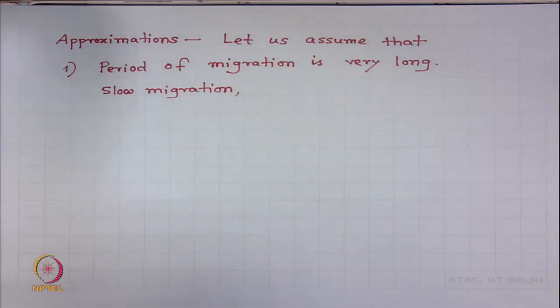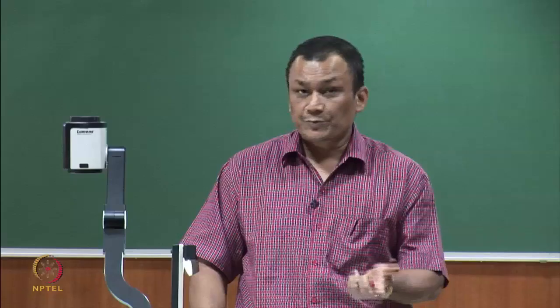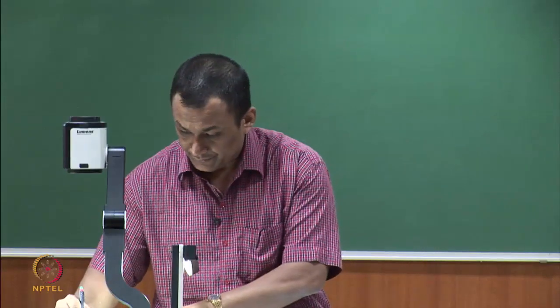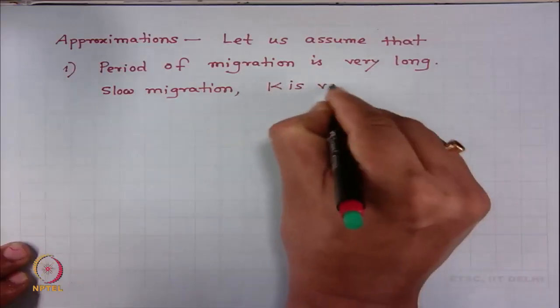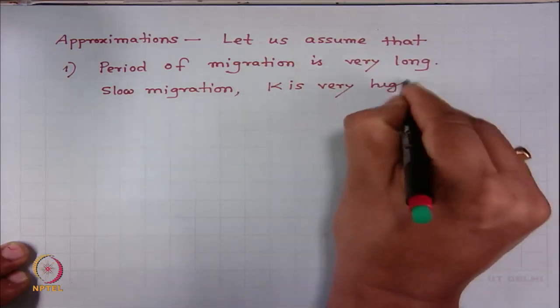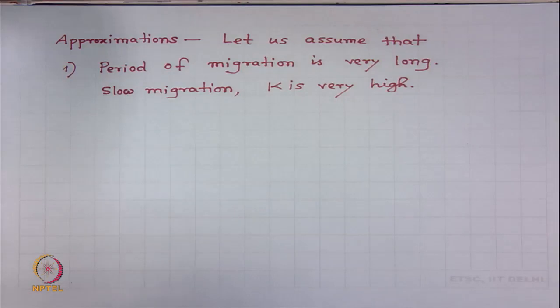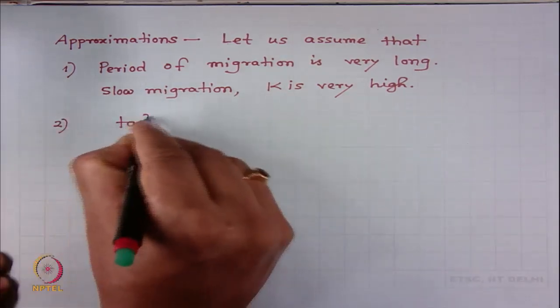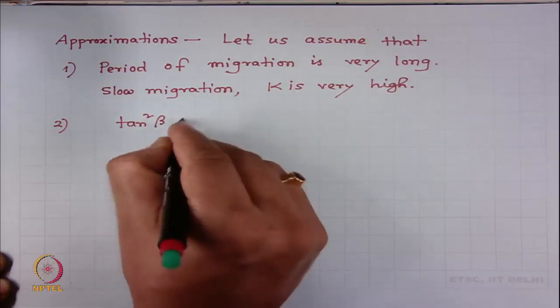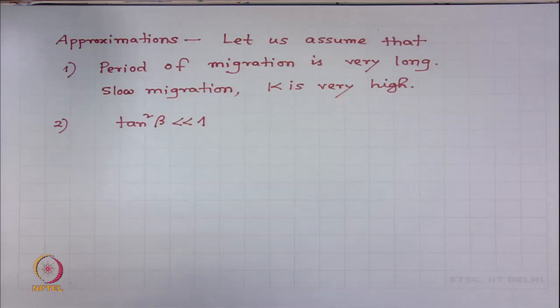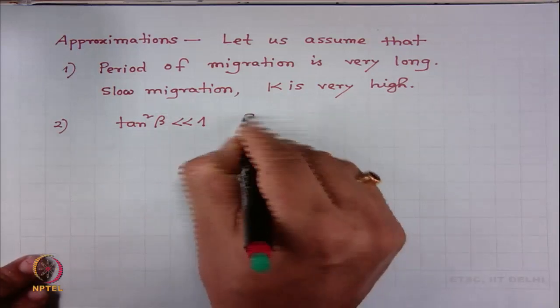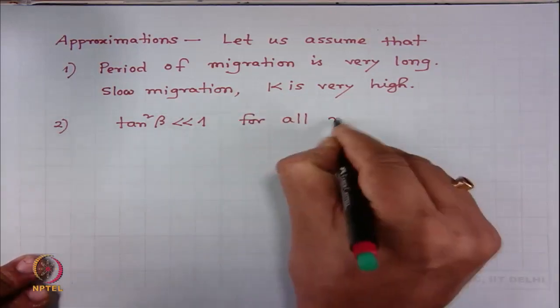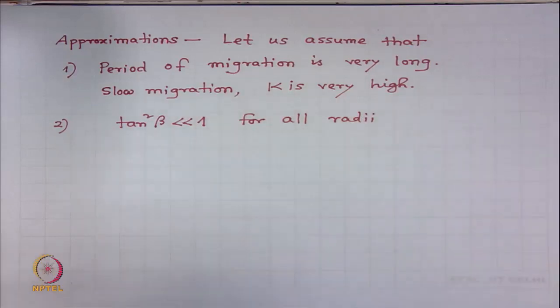If the period of migration is very long, k is proportional to p, so k is very high. So, this is our first assumption. Second, we assume that tan square beta is much less than 1, a very small value, for all radii r.